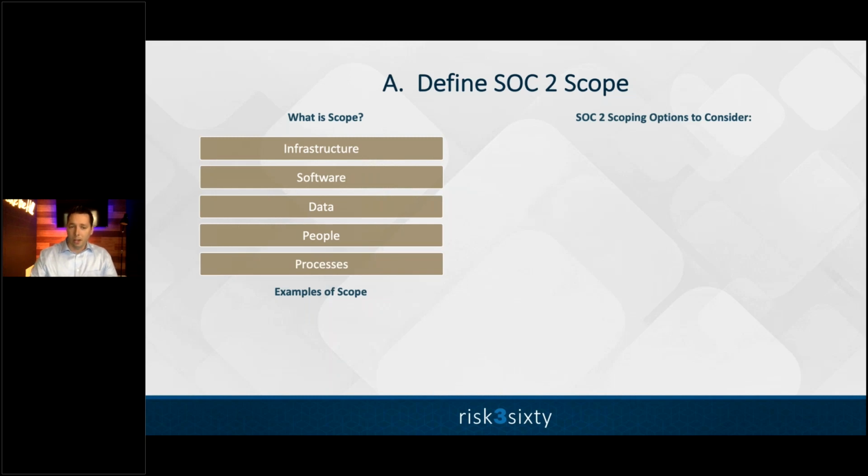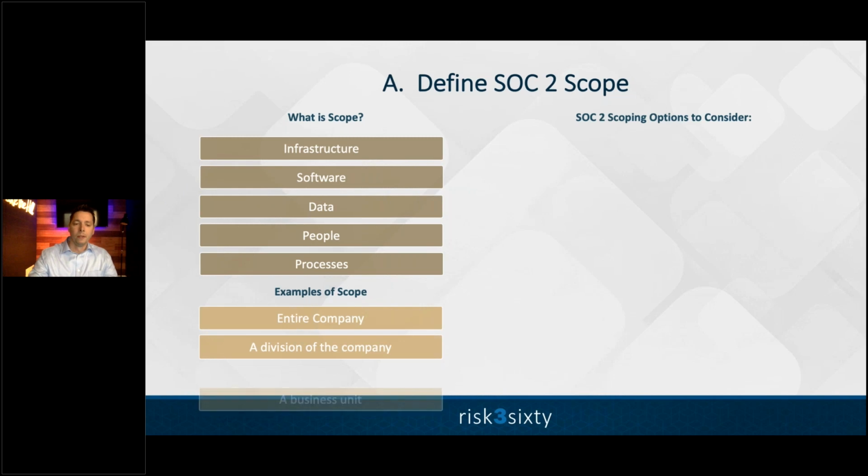And now you say, okay, well, I could draw a box around that, but how should I think about that? What are different examples of scope? Well, it could be an entire company. So for smaller companies, for high growth tech startups, it might be the entire company that is included in the scope of that SOC 2. For larger organizations, maybe it's the division of a company, and maybe it makes sense for different divisions to have their own compliance requirements based on the markets that they're in, the clients that they serve.